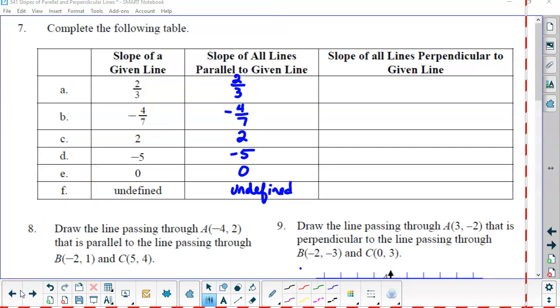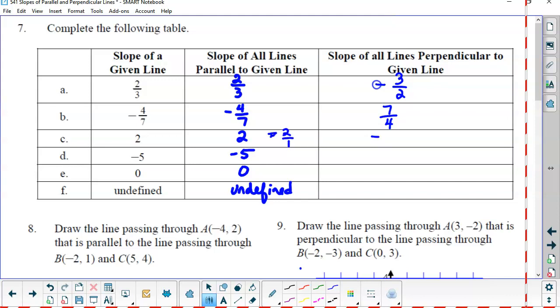Okay, so all those parallel slopes, they're the exact same value. Perpendicular, take the negative and the reciprocal of it. If that was positive, this is going to be negative. If that's negative, this is going to be positive. So one's negative, one's positive. Positive 2 will be negative. Remember how 2 is the same as 2 over 1.